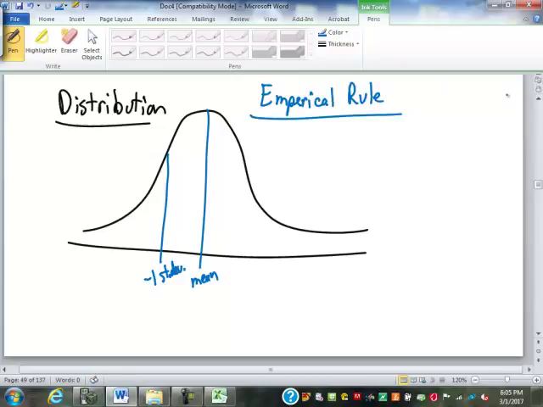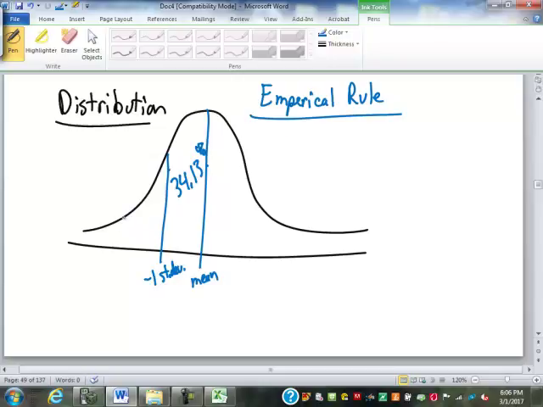There's an approximate empirical rule which most textbooks use. This textbook chooses to use the exact empirical rule, which is kind of a pain, but it's a little bit more precise. Between the mean and one standard deviation below the mean, the approximate empirical rule just says 34%. Your textbook says 34.13% of the data is expected to be in that range.